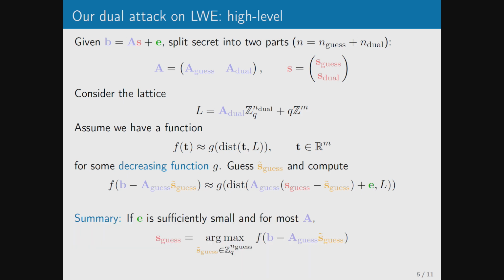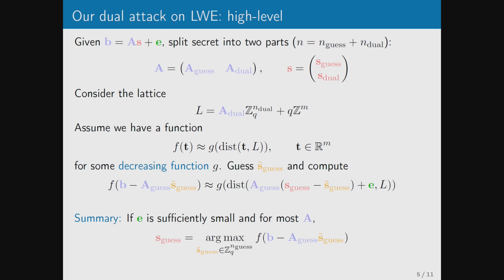So the conclusion, even if you're completely lost, is that if the error E is not too large, and for most choices of A, you can recover the secret just by evaluating the function f on all possible guesses, taking the maximum, and you're done.